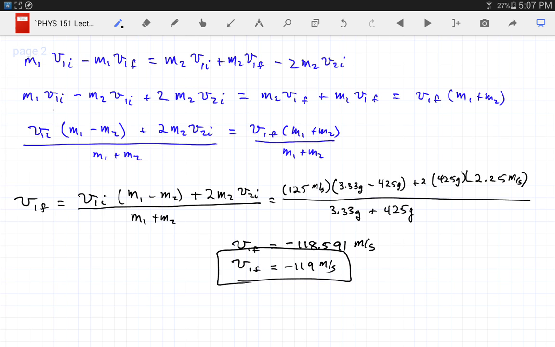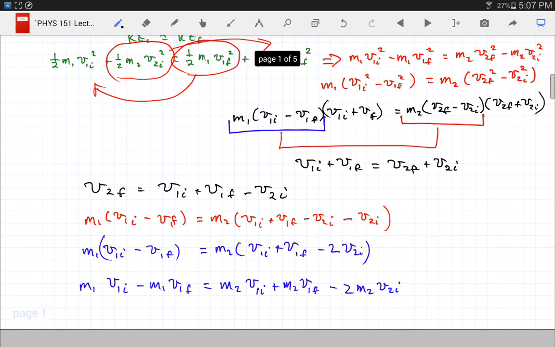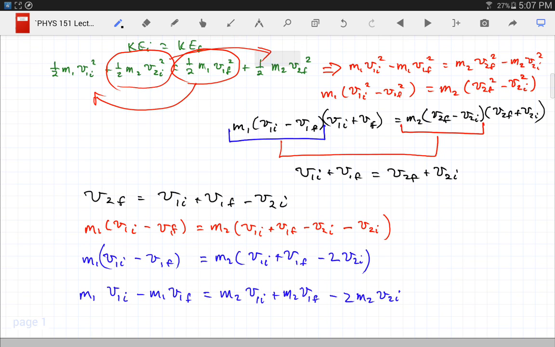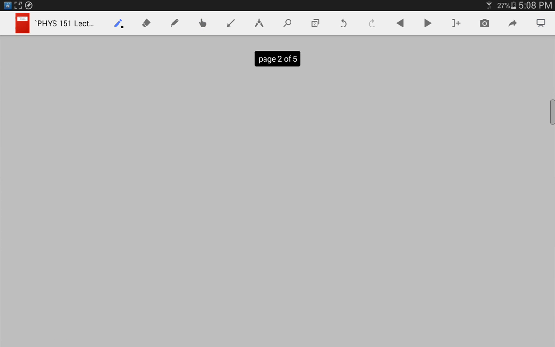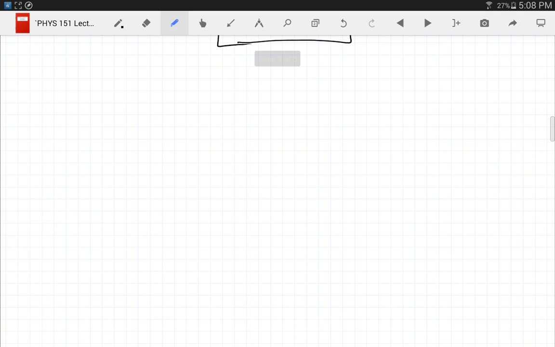Now that I have V1 final, the easiest way to get V2 final is to use this equation here. So I will copy it, bring it down, and just put in the numbers.